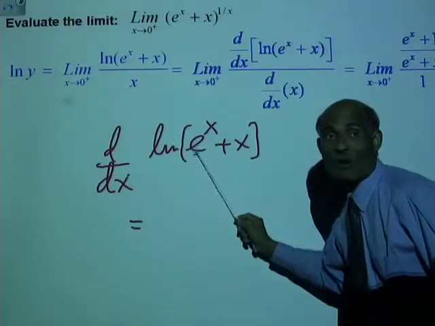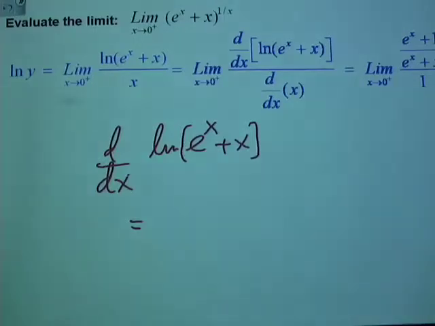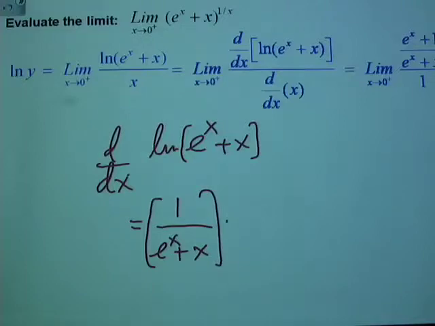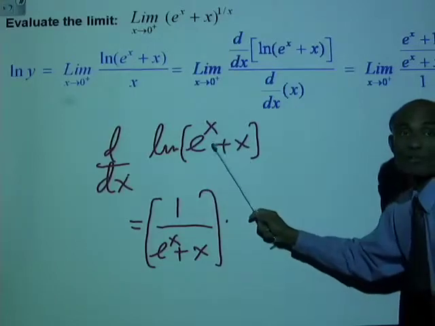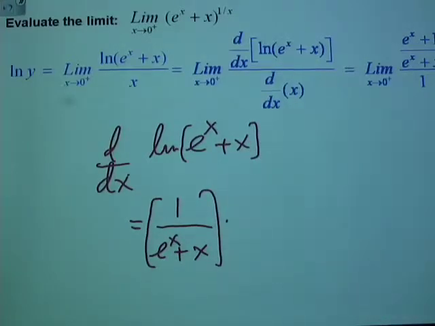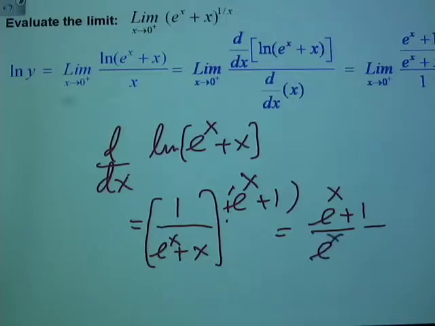Derivative of ln of a quantity is 1 over that quantity. Look at this. 1 over that quantity e to the power of x plus x, multiplied by the derivative of that quantity. Now the derivative of e to the x plus x is e to the x plus 1. So that gives you e to the x plus 1 on the numerator and e to the x plus x on the denominator.